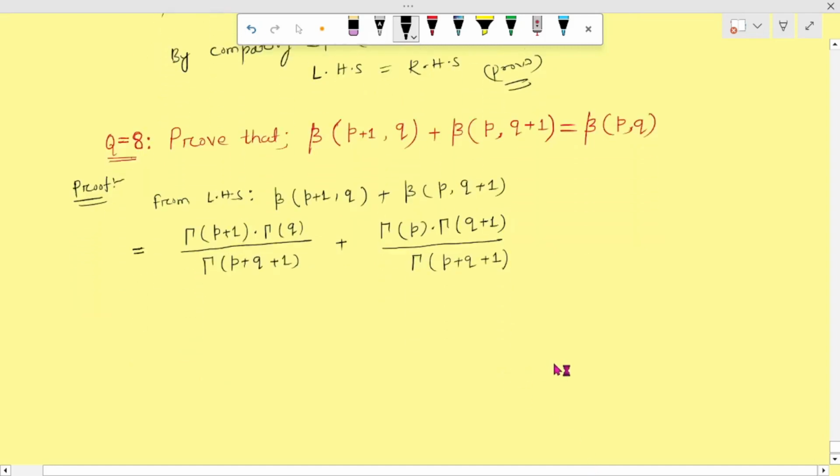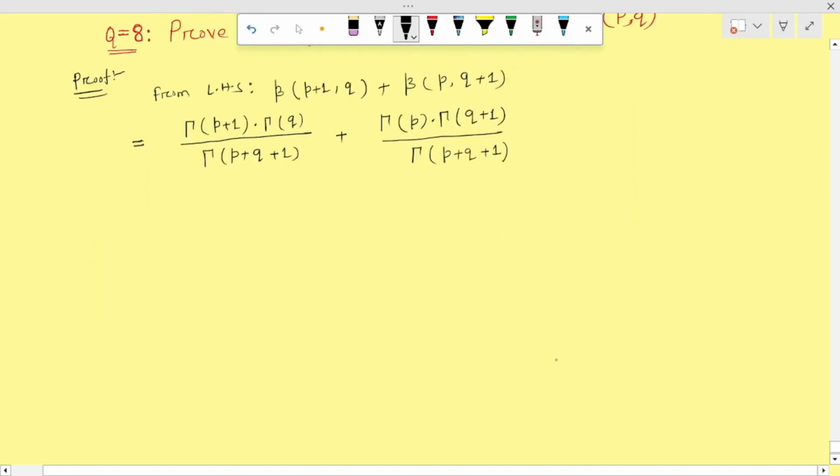Here we are going to use the first property of gamma function, that is gamma n plus 1 is n gamma n. So here gamma p plus 1 can be written as p gamma p into gamma q.